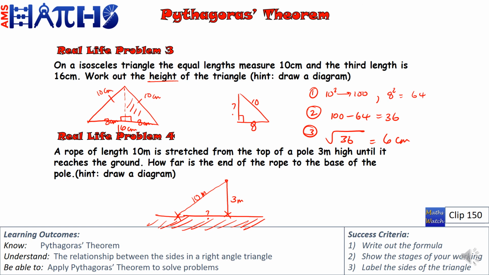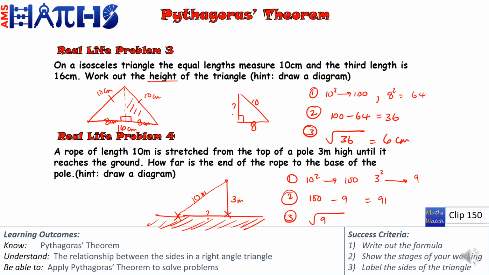Notice again that's our shorter side, one of our shorter sides, so we're going to use the rule for that. So first step is to square the hypotenuse and the other short side. So 10 squared is 100, and square 3 as well, which is 9. And we're going to subtract them because we want to find the shorter side. So 100 minus 9 is going to give me 91.